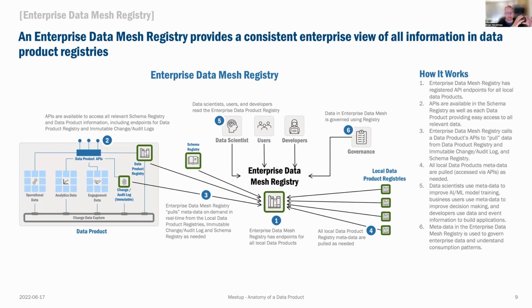Each product is responsible for a certain minimal set of documentation and metadata. Hopefully that's automated or automatable, but that leaves that enterprise data mesh registry, which I think makes sense. All of that data goes into the enterprise registry.